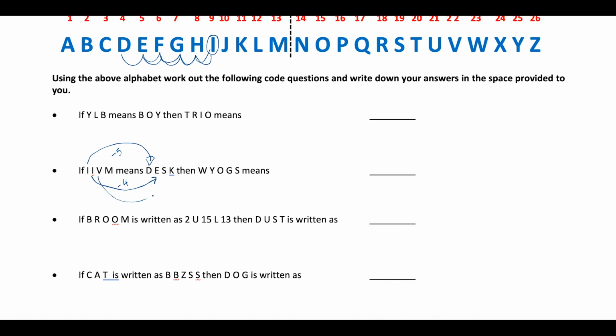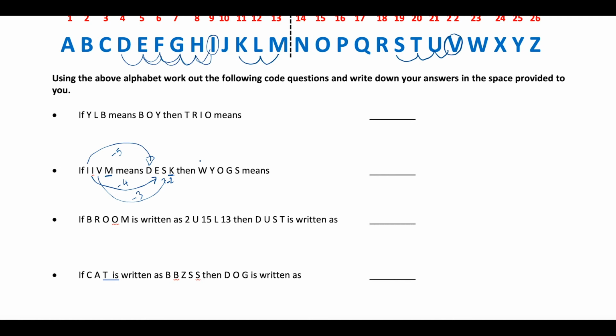Here comes from V to S. V to S, 1, 2, 3. Definitely following the pattern, -3. If I was in an examination now, I'd be pretty sure that's what's happening next. So I'm going from M to K. M to K, 1, 2, -2, just to double check.